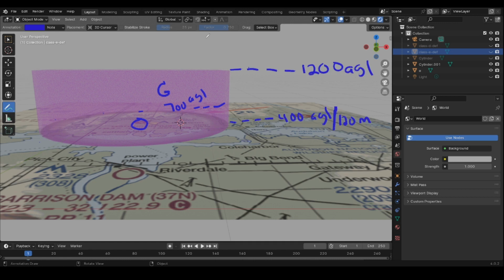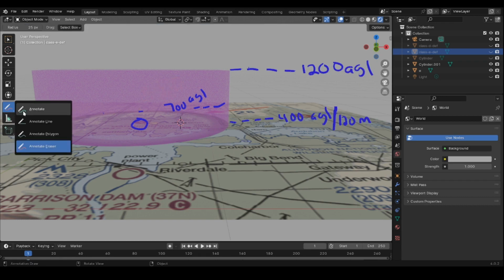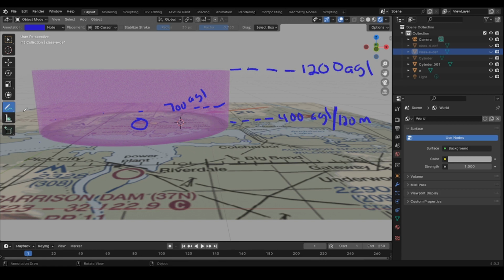Oh wait, I don't want to put my G on the top. Below the 700 feet, I'm in Class G. Over here, below 1,200 feet, I'm in Class G airspace, the airspace where we can fly in. I can fly my drone in here, but for me, since there's an airport here.